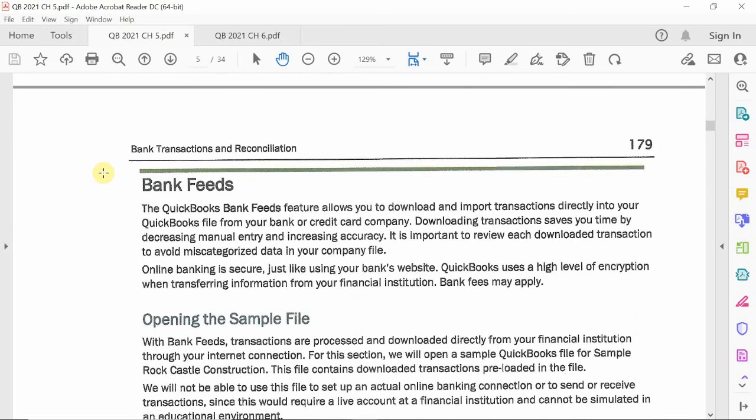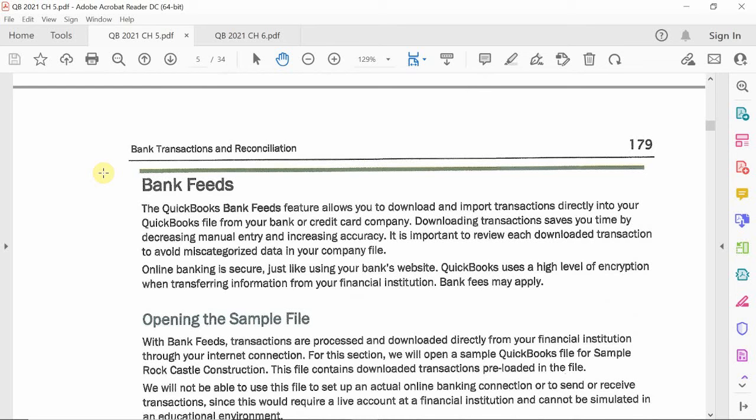So the next section is going to be talking about bank feeds. Now, what are bank feeds? Bank feeds is when you decide to link your checking account from whatever bank institution you'd like, and you make a connection to QuickBooks.